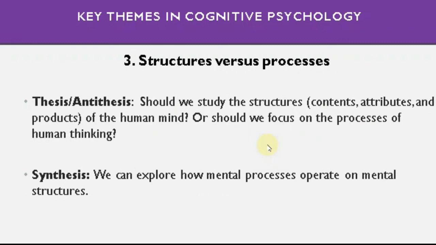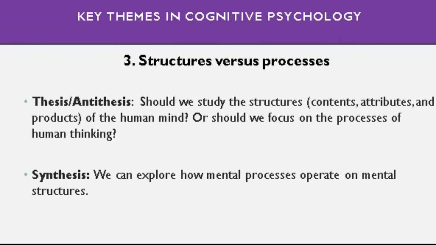Next with me, structure versus processes. Okay, the thesis slash antithesis would be: should we study structure, the contents, the attributes, and products of a human mind, or should we focus on the processes of human thinking? So, saan ba tayo kailangan mag-focus sa structures?